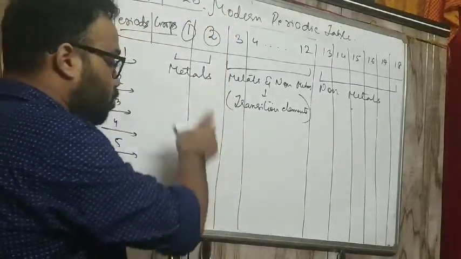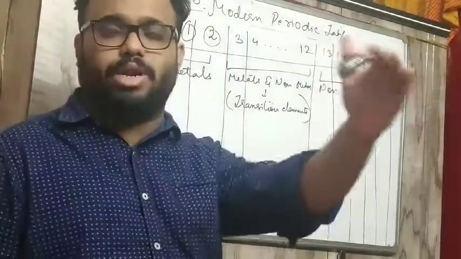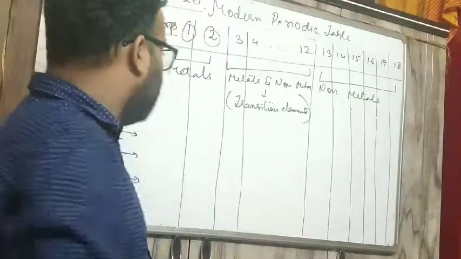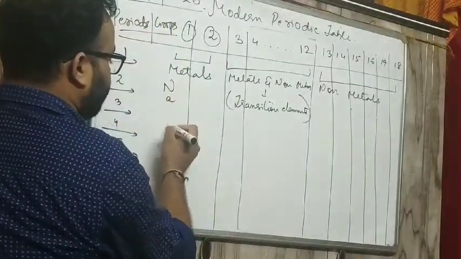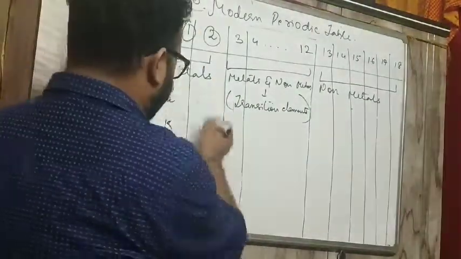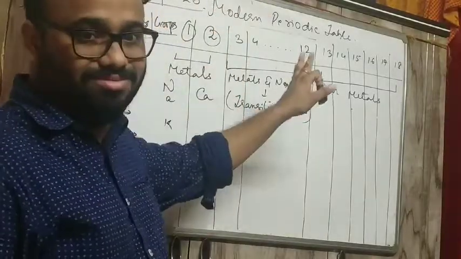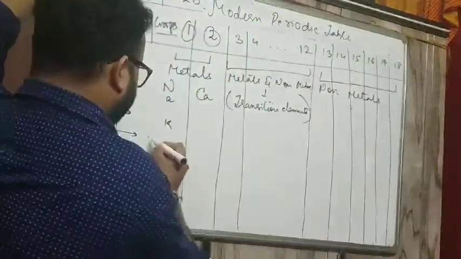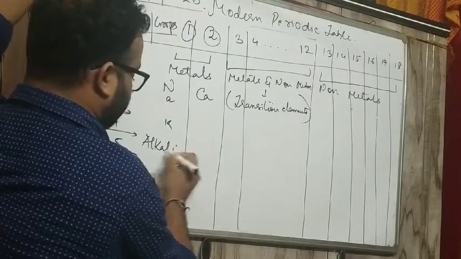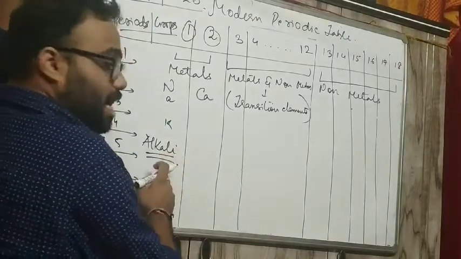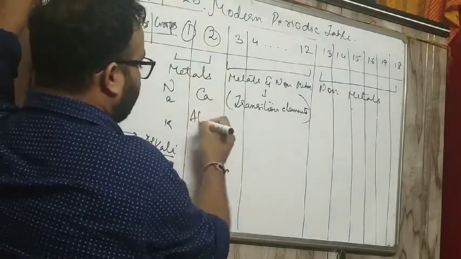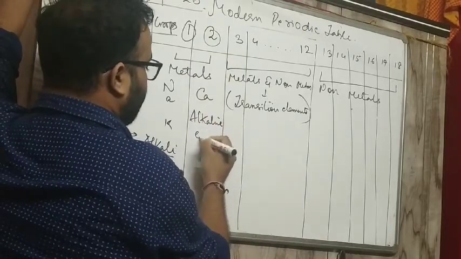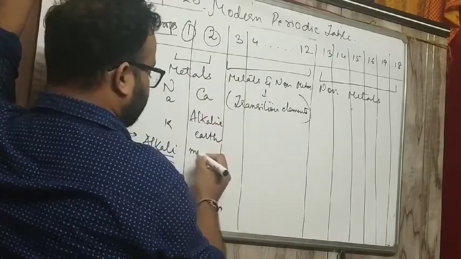Group 1 and group 2, you have learned about sodium, potassium, calcium. Sodium and potassium lie in group 1, and calcium lies in group 2. Group 1 elements are called alkali metals, and group 2 elements are called alkaline earth metals.